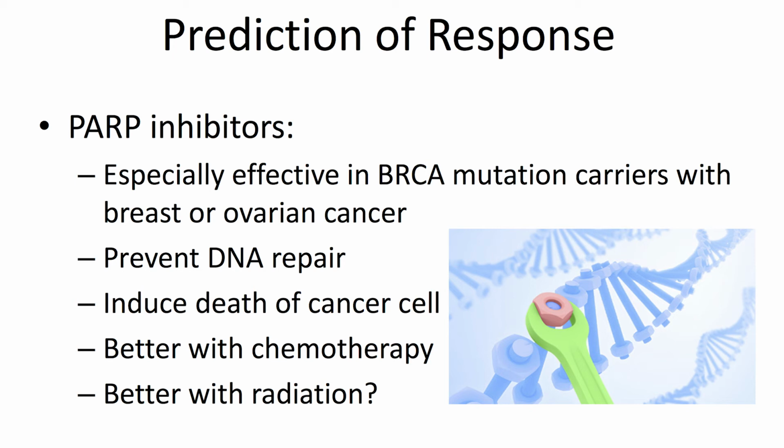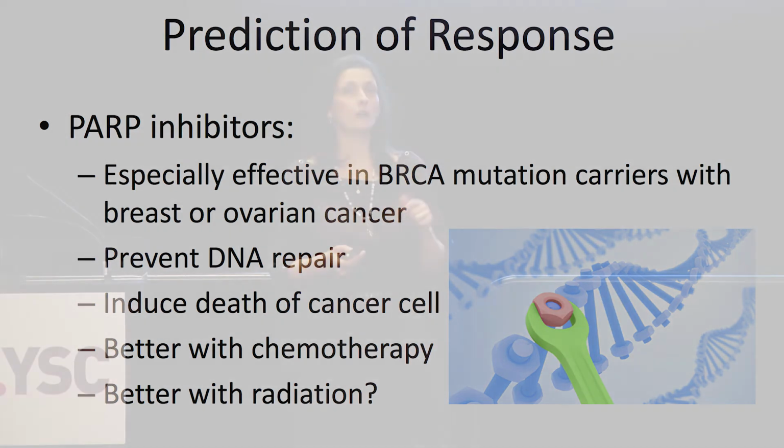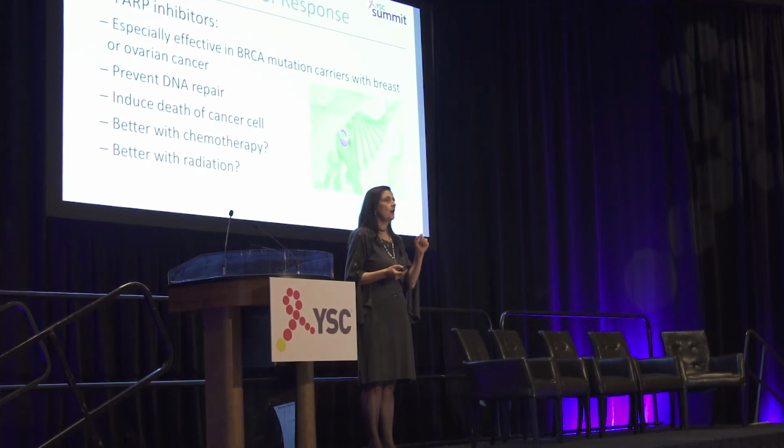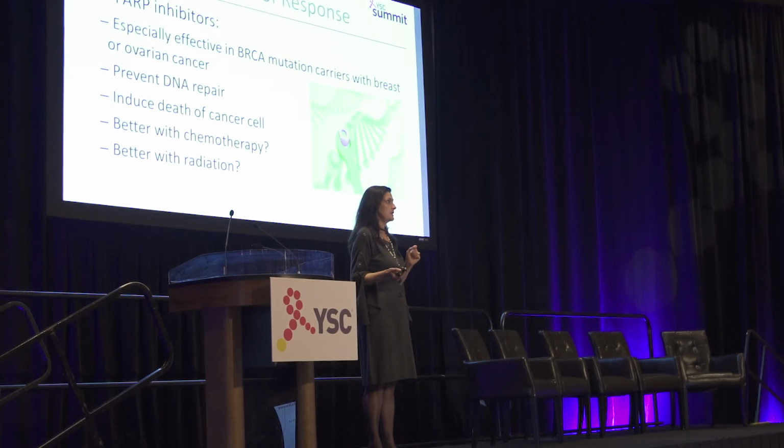And what these agents do, they prevent DNA repair and they induce cell death of the cancer cell, because the cancer cell cannot repair its damage and it keeps dying instead of proliferating. And studies have shown it's a little bit better with chemotherapy, maybe with radiation therapy, so a lot of studies are going on. And a few months ago, as you might know, an oral PARP inhibitor was approved for the treatment of advanced ovarian cancer with BRCA mutations.